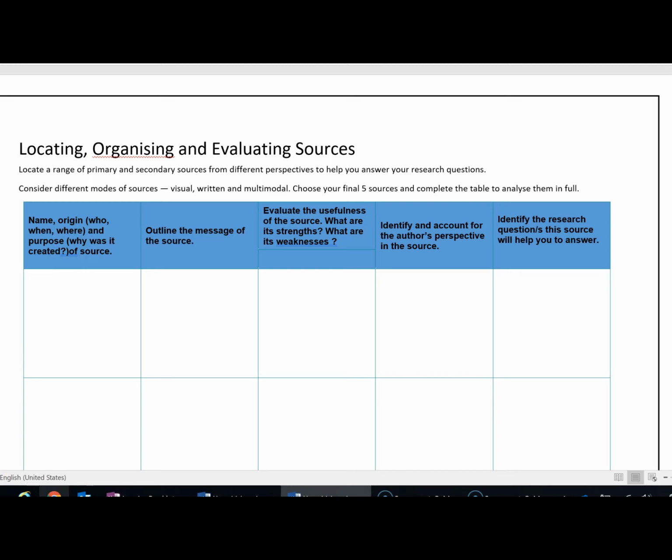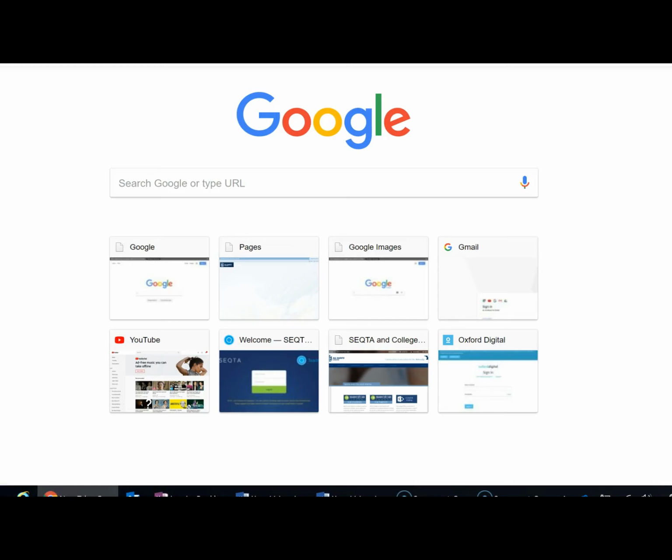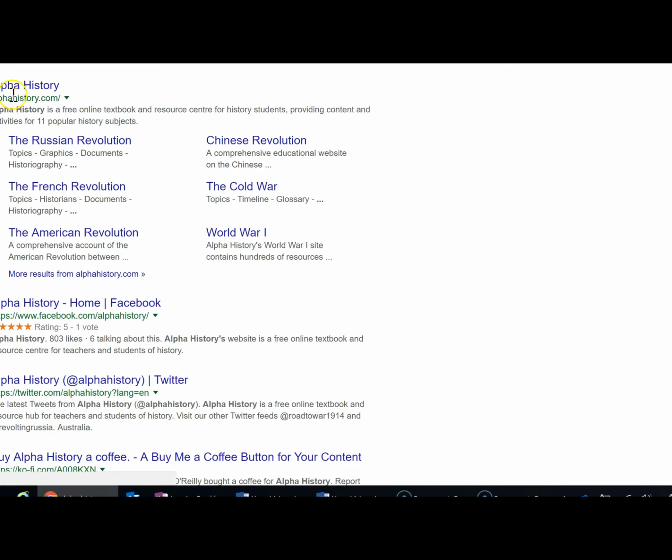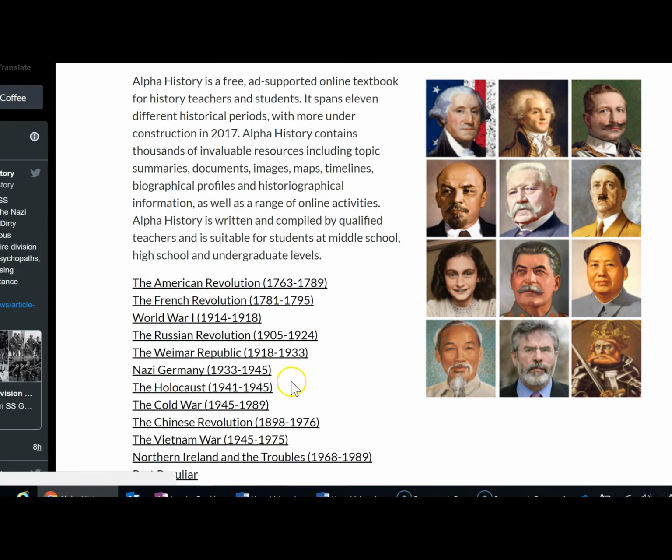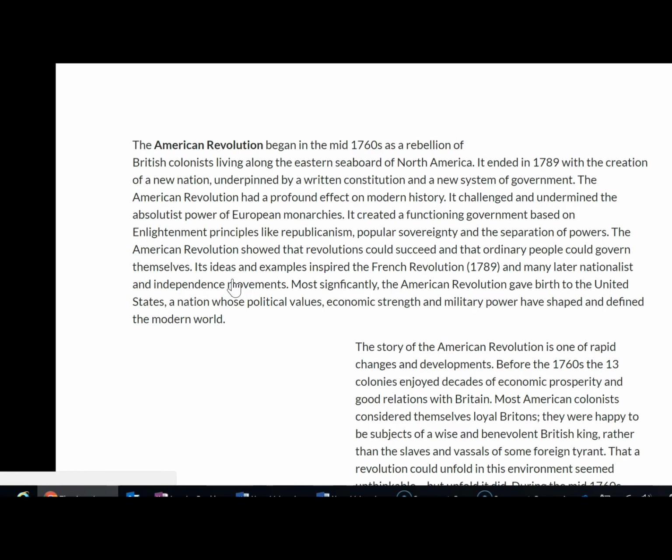So I'm going to give you an example now. I'll just go into my Google. I'll use Alpha History because they will often have, let's just pop in there. These guys will often have a, let's have a look at the American Revolution. We're in America. This is just an example, guys. It's not for you to worry too much. I don't think this one has a lot.